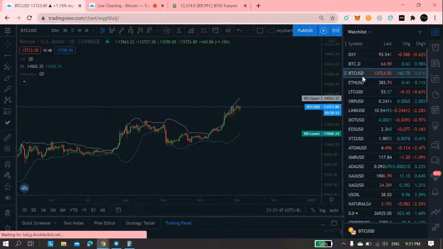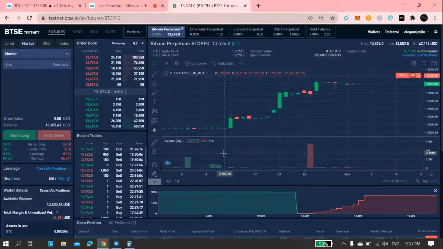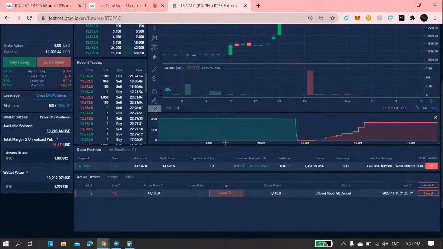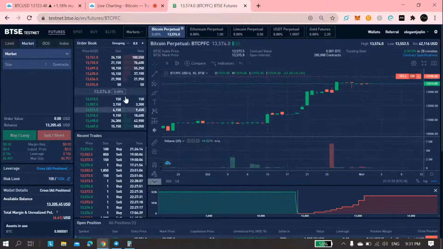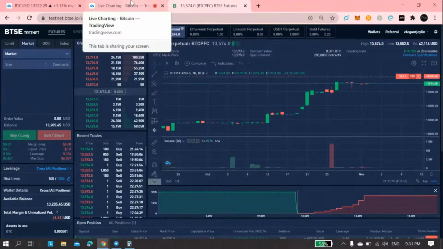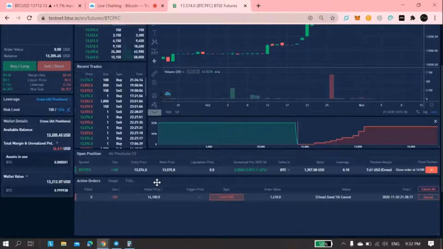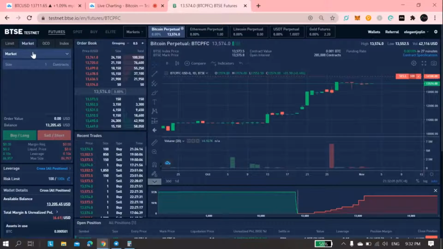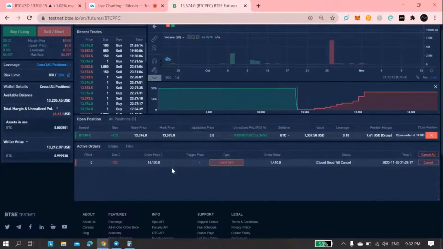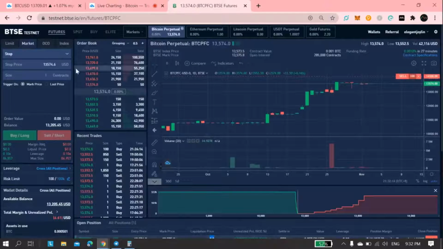Else, for example in this one, we can actually use this because this is just a testnet and the price is not following the actual price. But as I've mentioned, if ever I have a stop loss here, let's just make a stop loss. I normally use market stop if there is a liquidation price here.